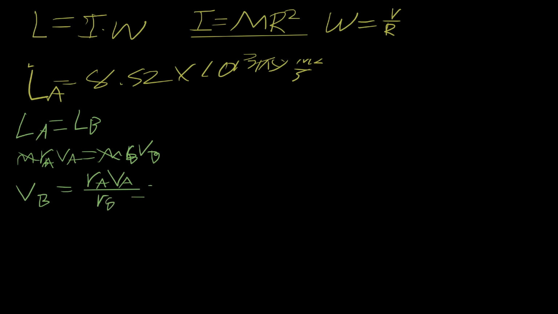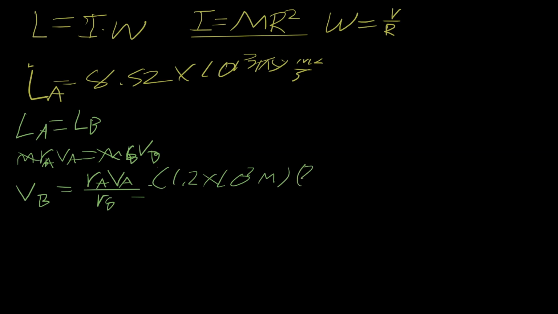Now we just need to plug and chug, which is going to give us the radius, which is going to be around 1.2 times 10 to the 7th power. This is going to be the radius.